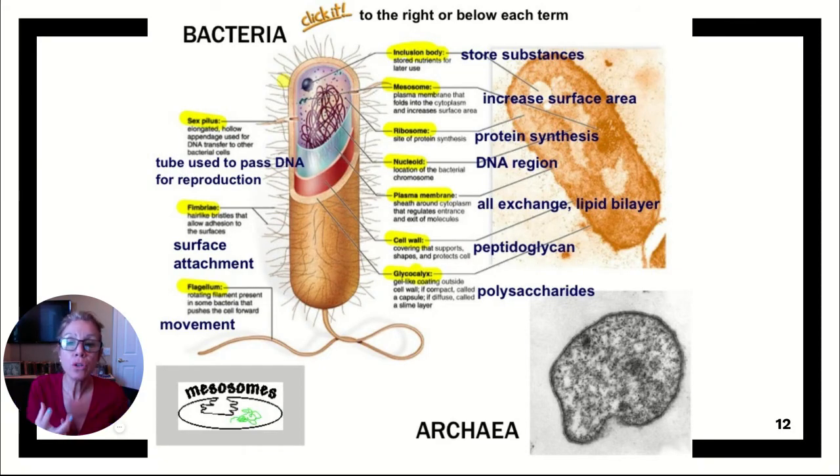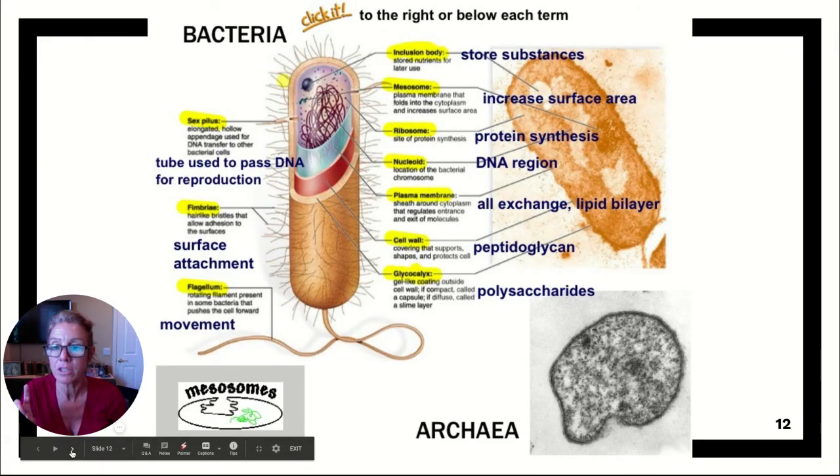The nucleoid region is that region where the single circular chromosome hangs out. So this is the nucleoid region. And when you look over here in this cell, this is the nucleoid region, that lighter color in here. And that's that scrunched up, hairball-looking chromosome in there. So it's the region that contains the single circular DNA molecule.